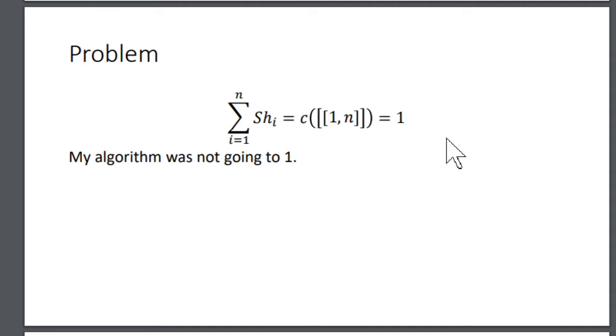When I was testing with a lot of samples from normal distributions, I was not getting 1, and I should get 1 even when I'm not in a normal distribution, but at least when I'm on a linear model. I'll explain a bit later why.